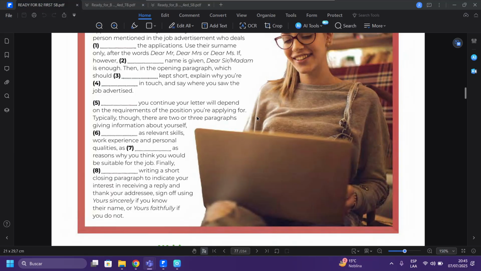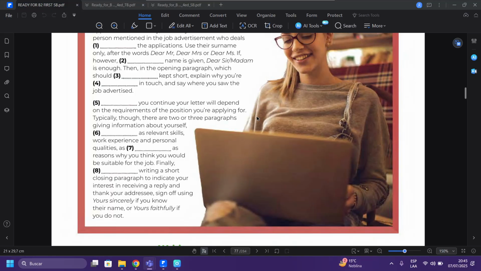Here we have a word to talk about the way, the way in which we're going to write our letter. The proper word here is how.